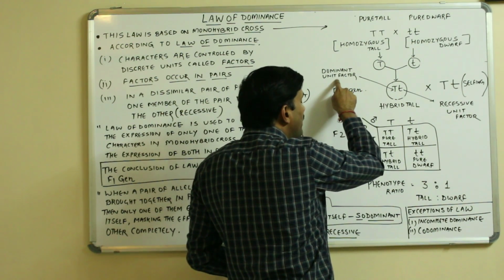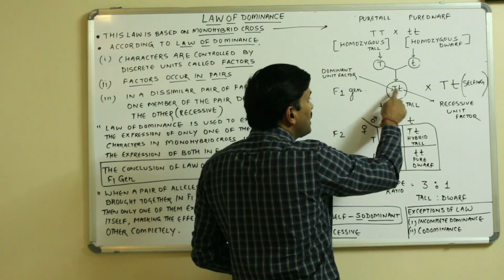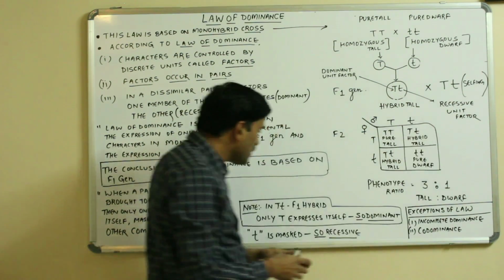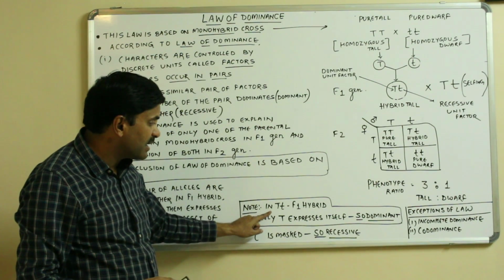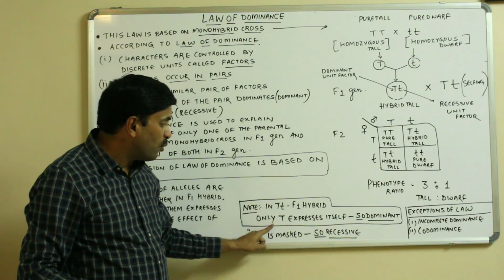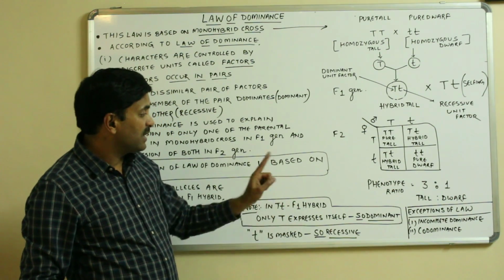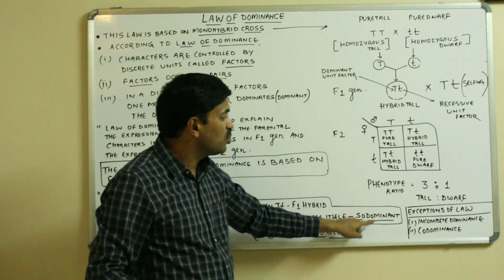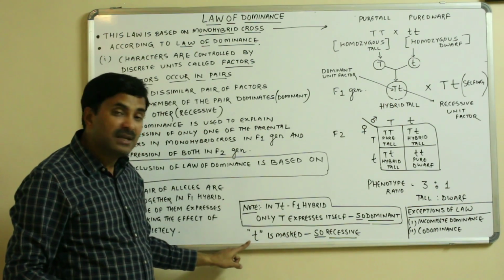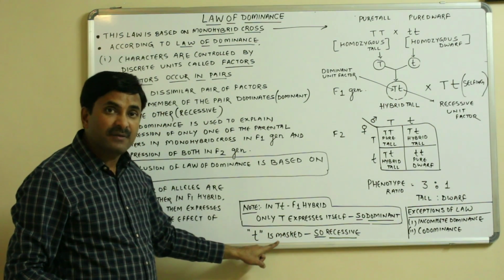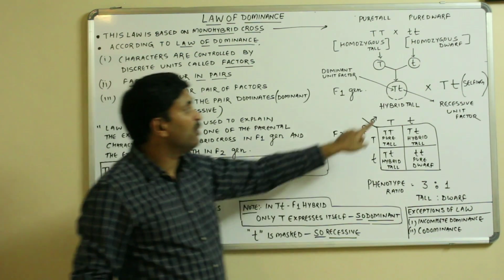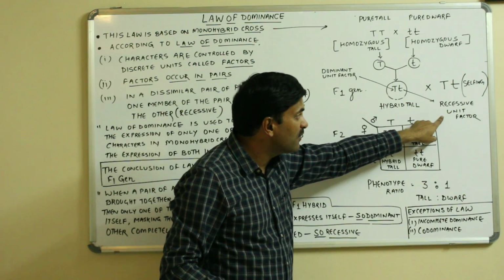So the dominant unit factor is expressed and it masks the effect of small t, which is also called the recessive unit factor. That's why I have written here that in the F1 hybrid Tt, only capital T expresses itself. It means this T is dominant. It is called the dominant unit factor, while the small t in the F1 generation is masked. Its expression is not done. So it is the recessive unit factor.